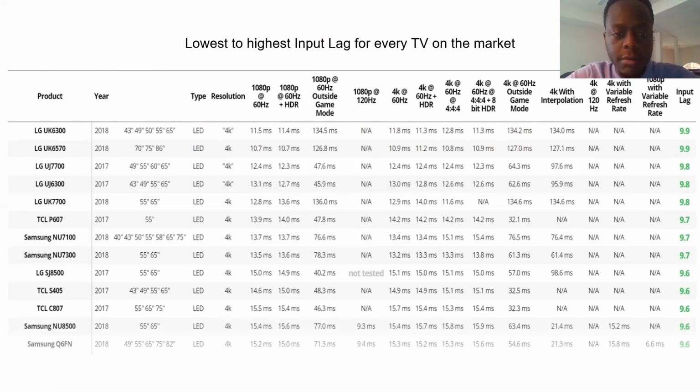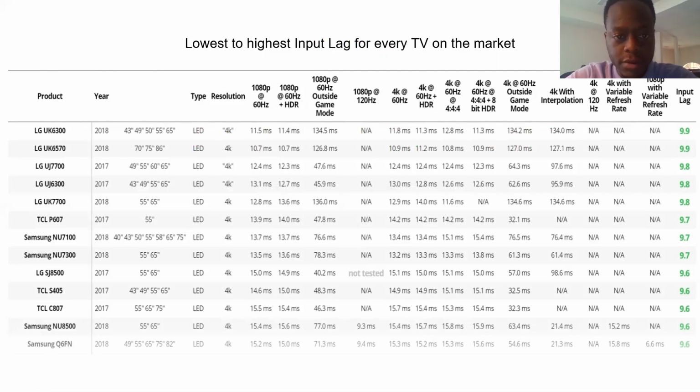A good amount is generally below 30 milliseconds. That is when you'll feel everything is relatively snappy, no lag. There will still be lag, but that is good enough. That's adequate for most gamers.